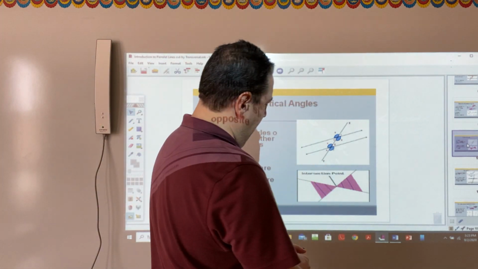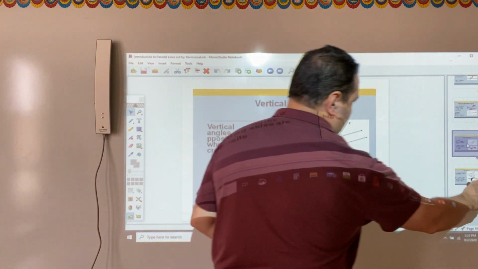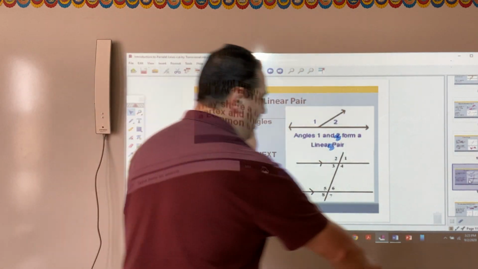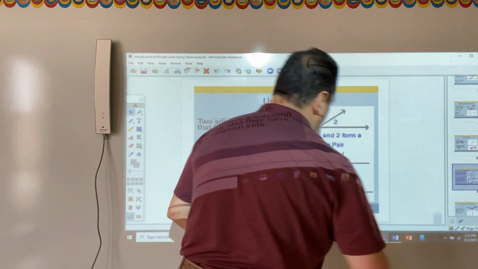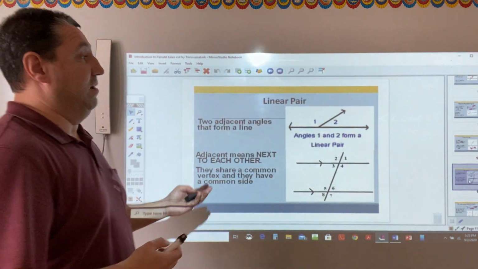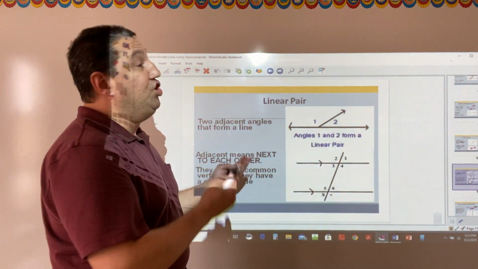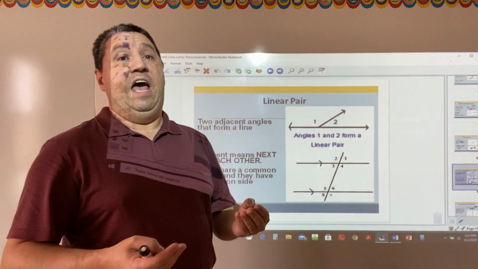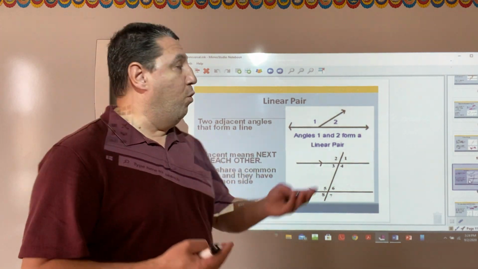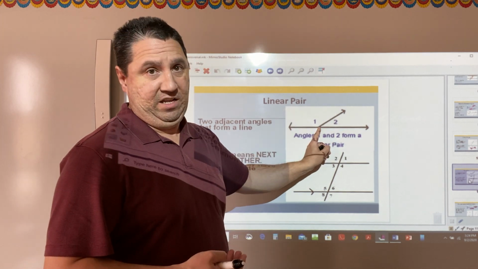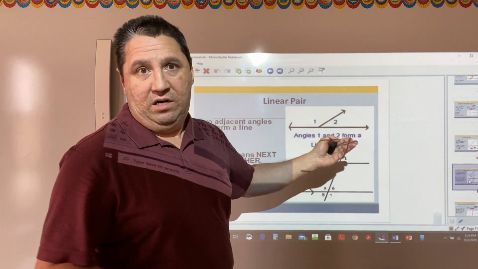Good? Another type of angles are linear pairs. Remember, linear pairs are angles that are adjacent and they are formed when two lines intersect. And they are supplementary.